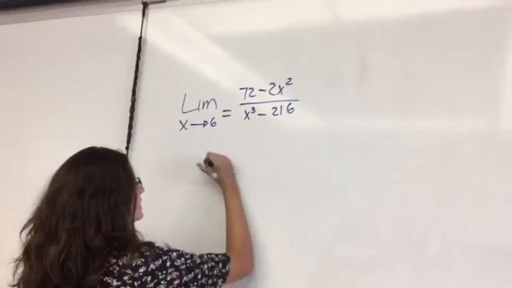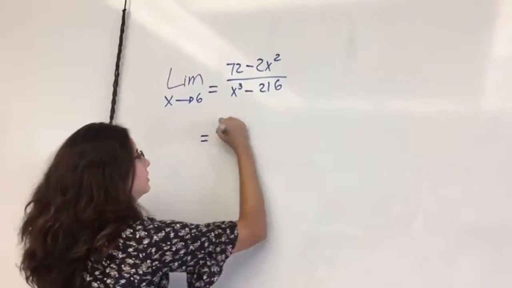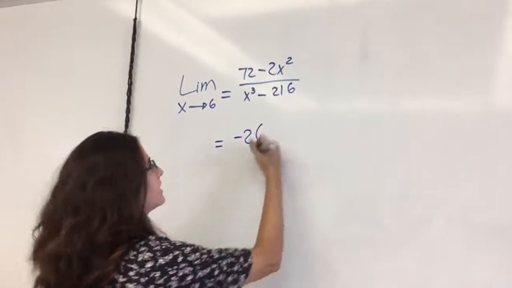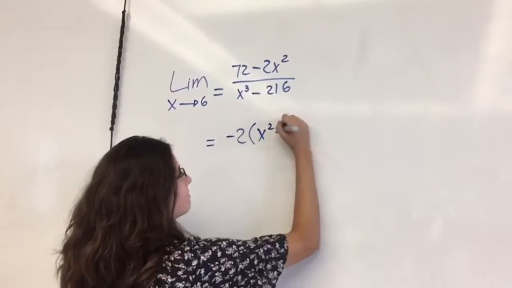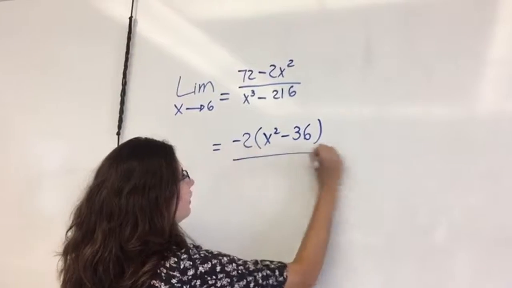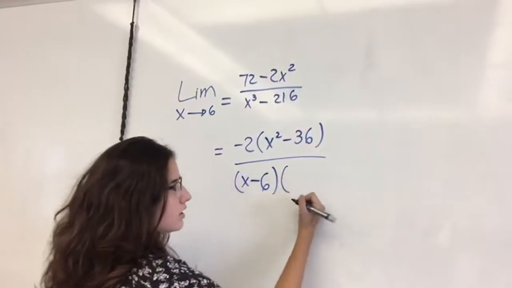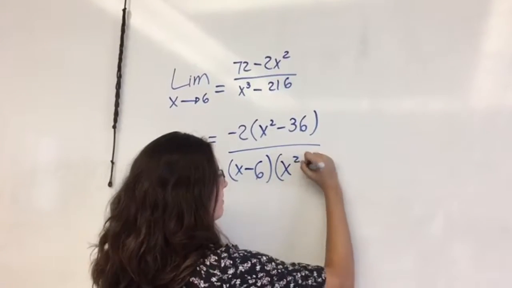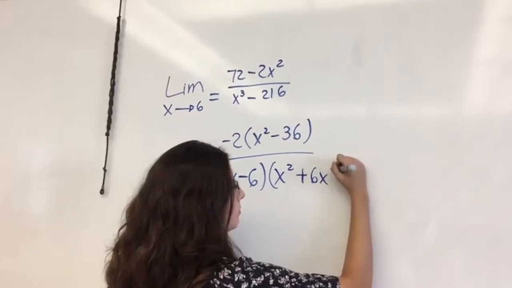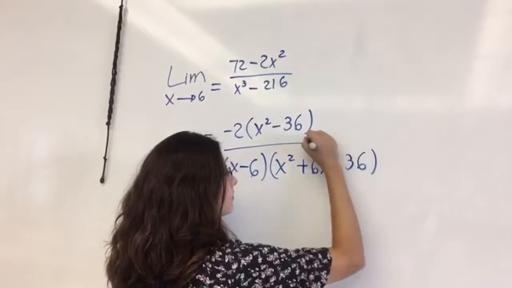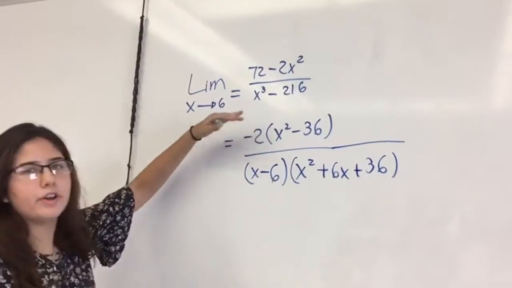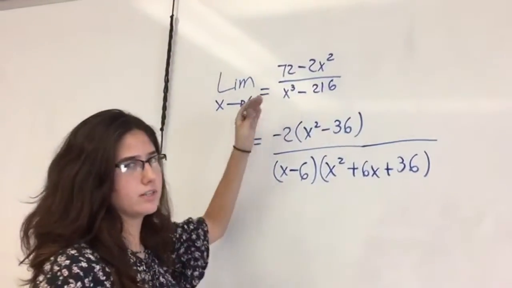Okay, then we have to factorize. So we're going to take out the negative 2. So we leave inside the parentheses (x squared minus 36) over (x minus 6)(x squared plus 6x plus 36). But the upper part can be factorized more.